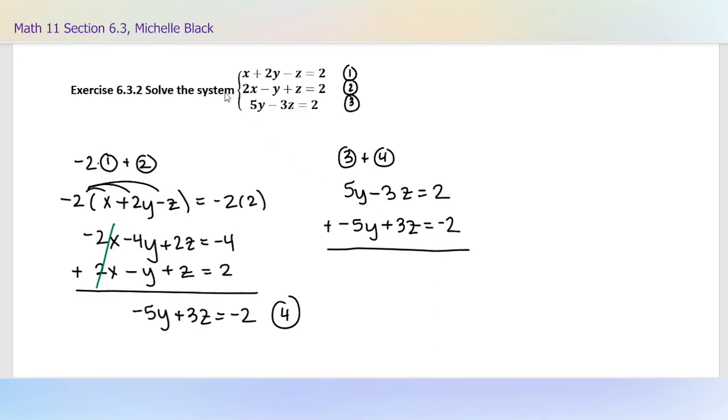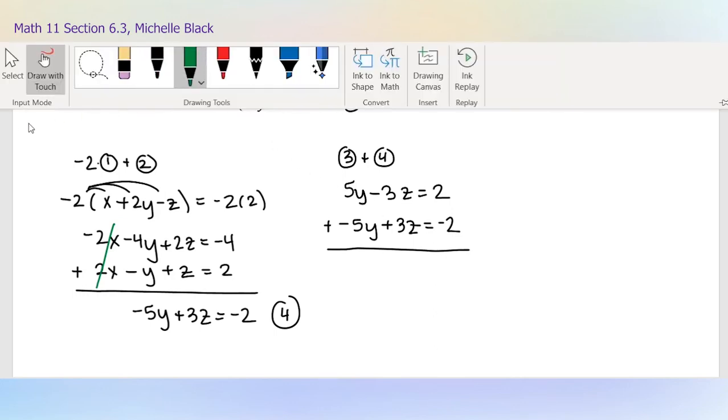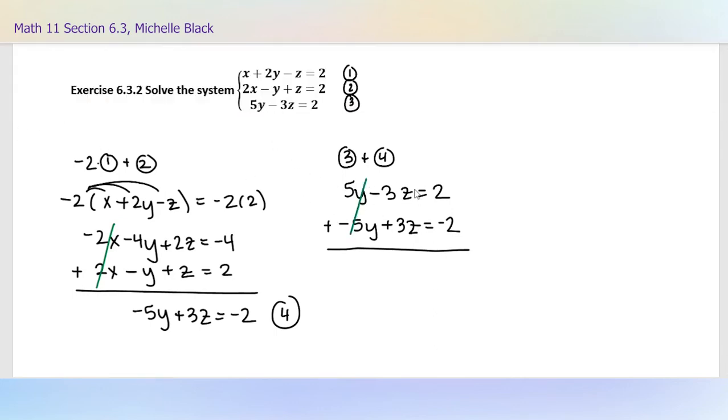Well, actually, maybe some of you noticed this. All of it's kind of going to cancel, right? So this is going to add to 0, add to 0, add to 0, and I get back 0 equals 0. And if you remember from section 1, when this happens, where everything goes away and you're left with this true statement, that implies that you have infinitely many solutions.